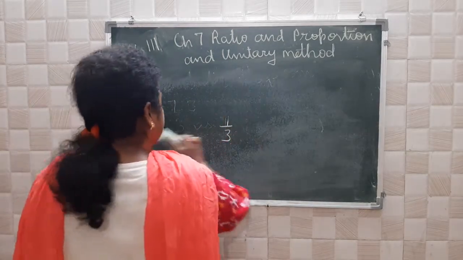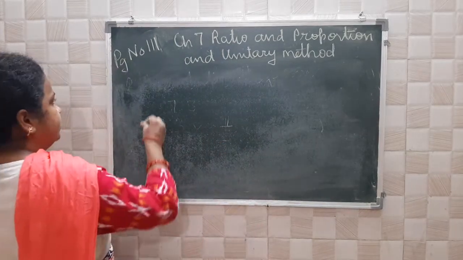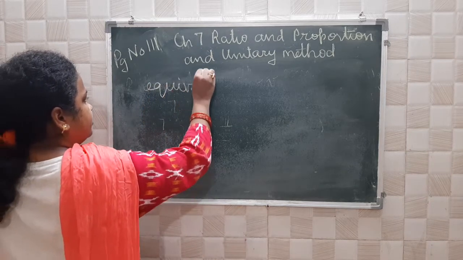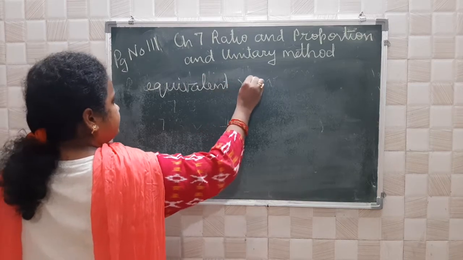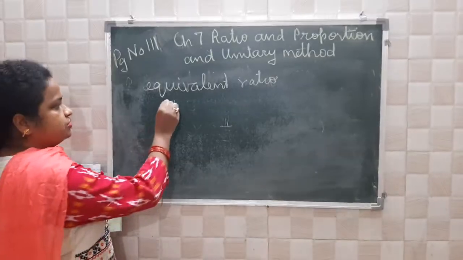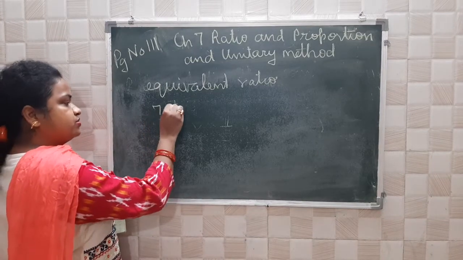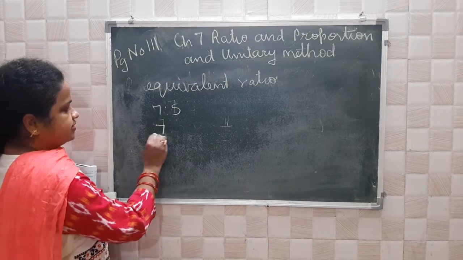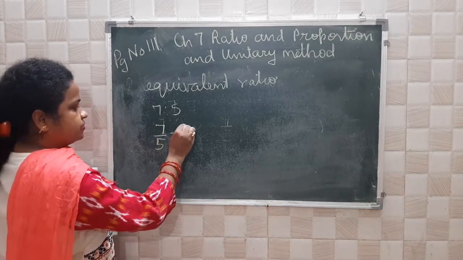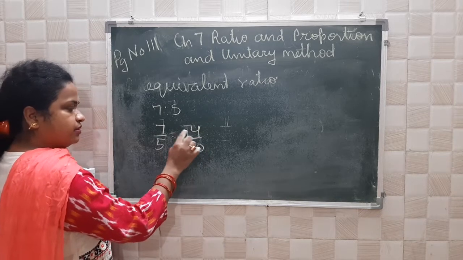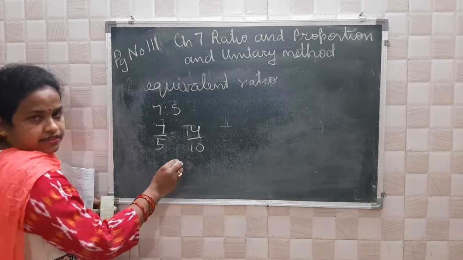Now, next is equivalent ratios. What is an equivalent ratio? Suppose you have 7 is to 5, and you have to write an equivalent ratio. You can write 7 upon 5 is equal to 14 upon 10, because 7 2s are 14 and 5 2s are 10.